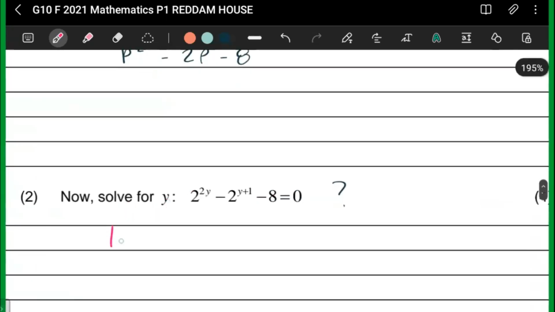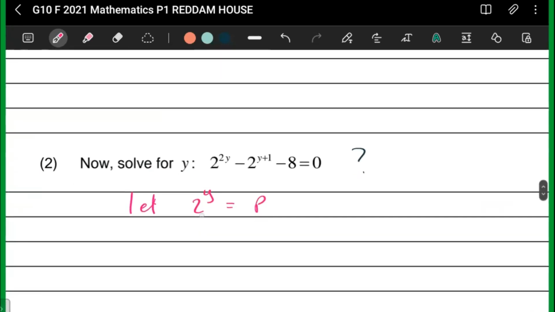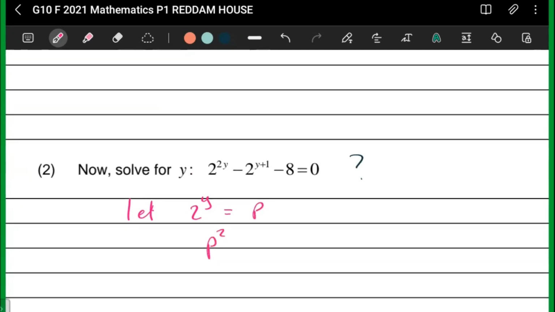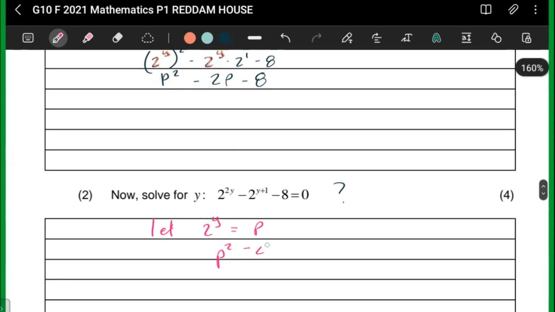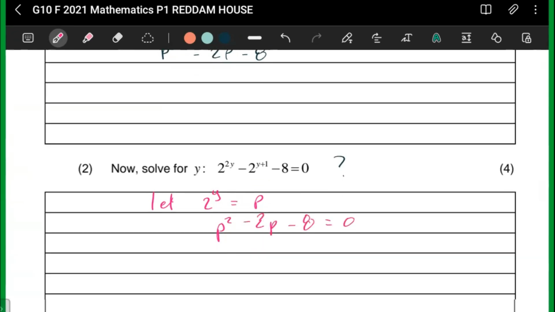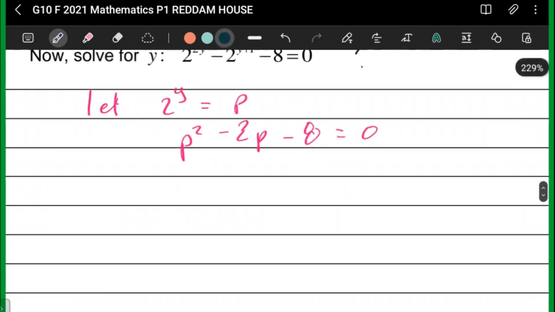You can say here, let 2 to the power of y equal to p. Okay, whatever variable you want. What you have here is p squared, right? Minus 2p minus 8 equal to 0. Now here you have to factorize. So factorizing, remember, you now need factors of 8 that give you a 2.